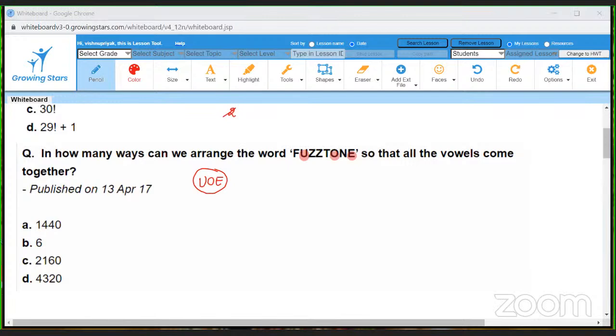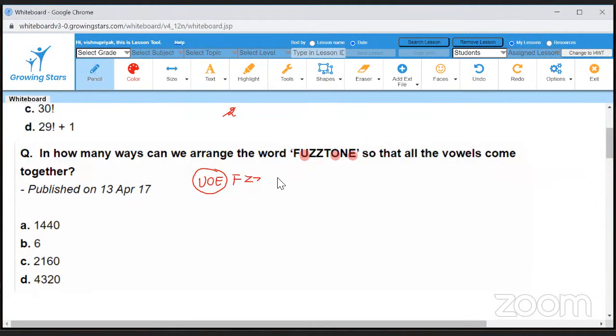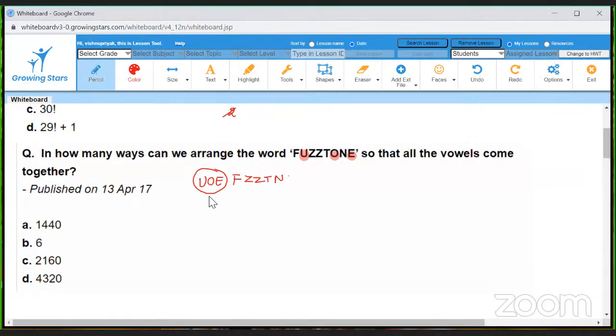And now, after taking out these vowels, left are F, Z, Z, T, N. So total we have 1, 2, 3, 4, 5, 6 letters. They arrange themselves in 6 factorial ways. But in this bundle, these 3 vowels also will arrange in 3 factorial ways. So first work, second work, we have to multiply.